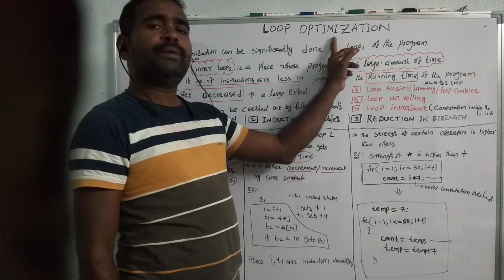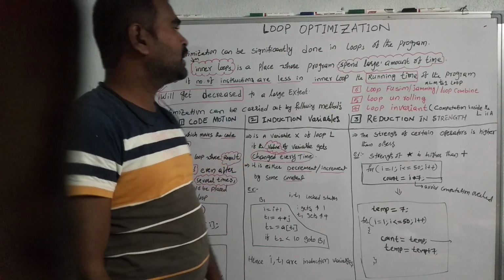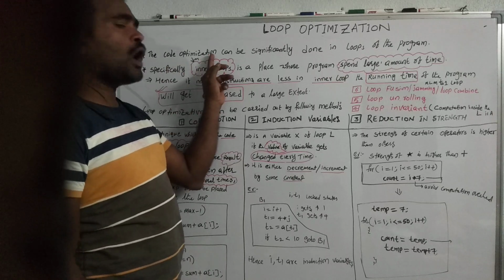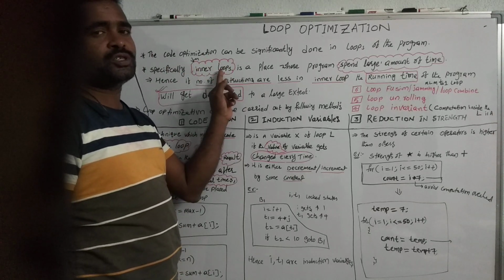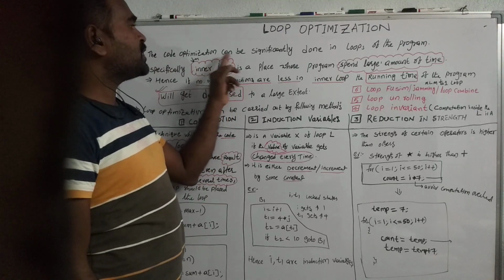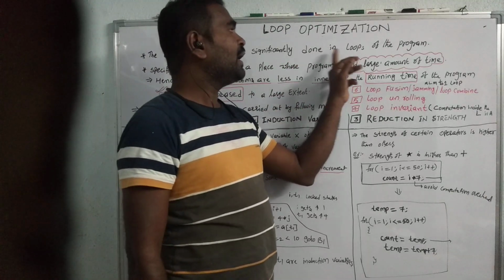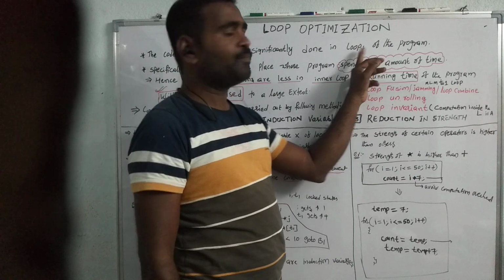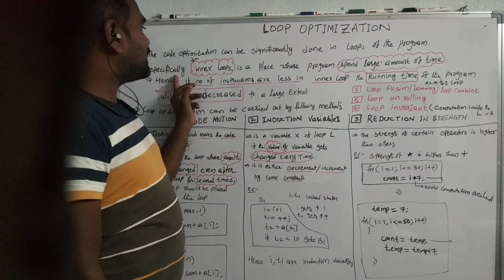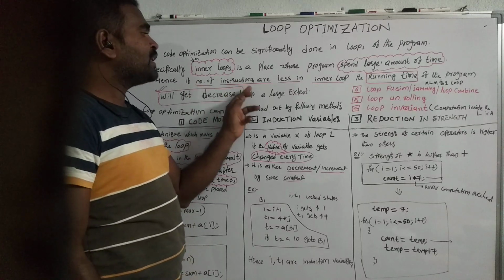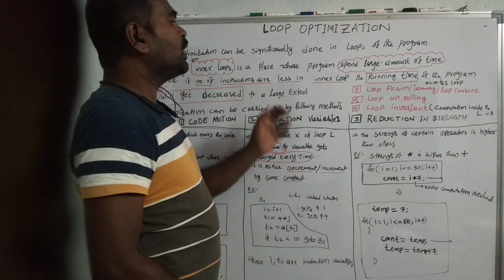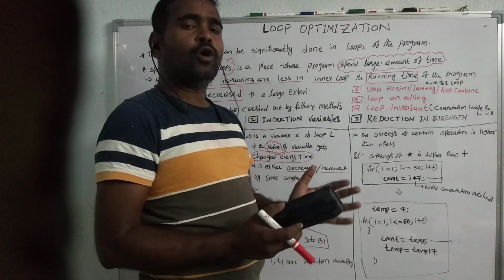Loop optimization is a technique in which code optimization is performed on inner loops. The code optimizations can be done in loops of the program, specifically the inner loop. If the number of instructions in the inner loop is more, the running time is also more.